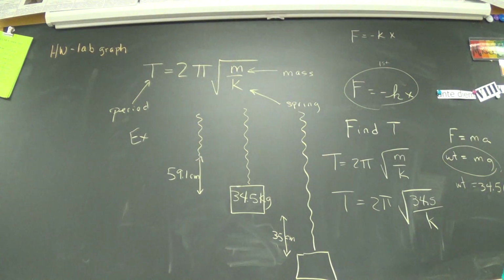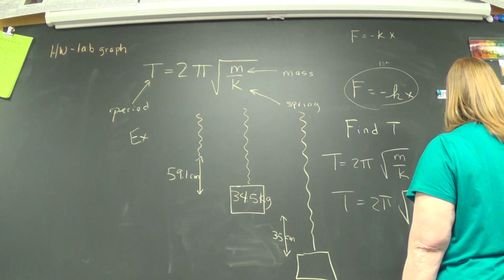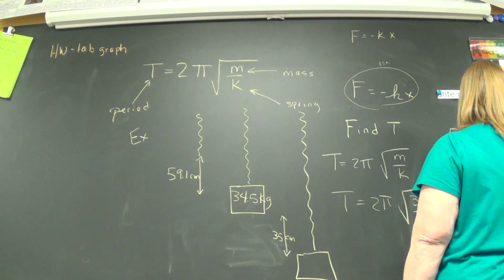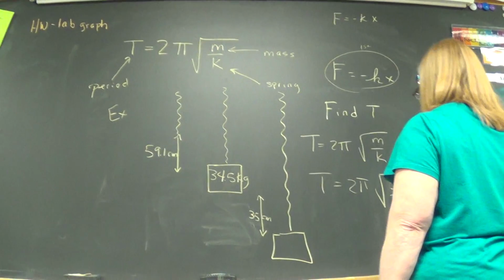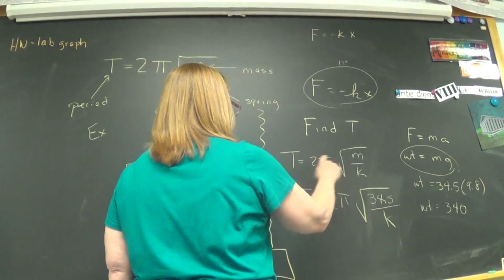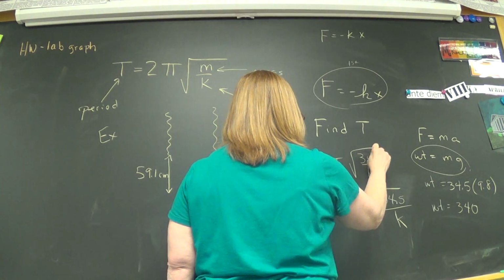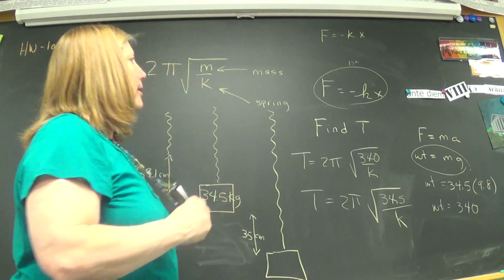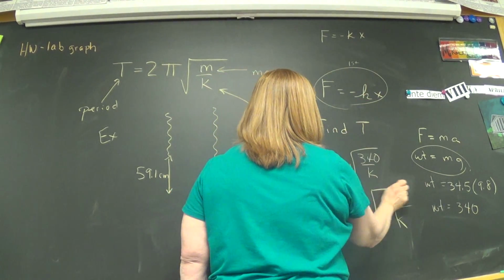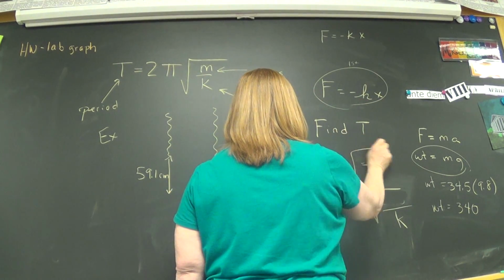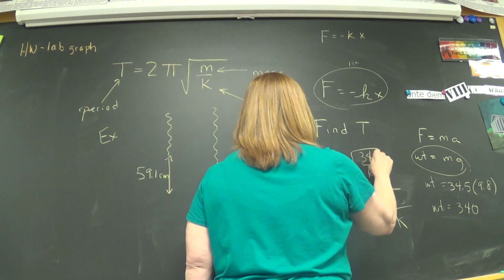Okay, the weight is 340. So going back into my period equation, I'll replace mass with 340. And now K is, we're ready to go up here. Oh, I'm sorry, you're right. The mass is mass. I substituted it in the wrong place.